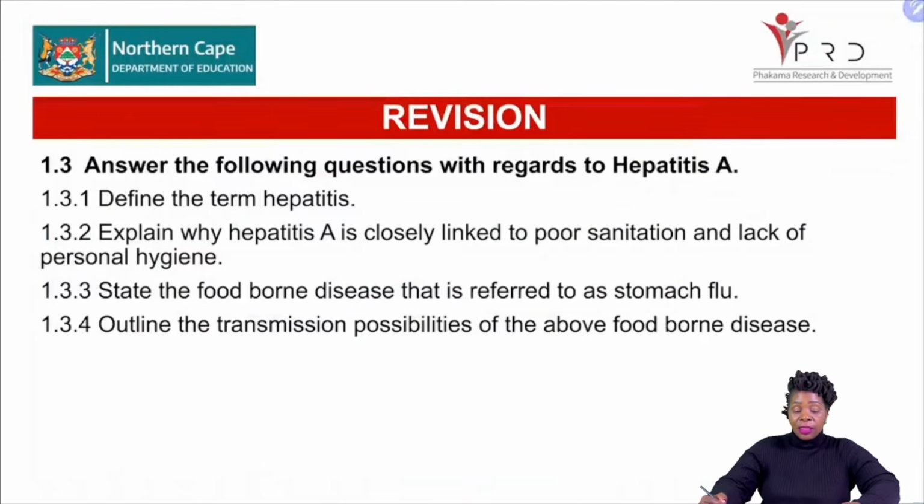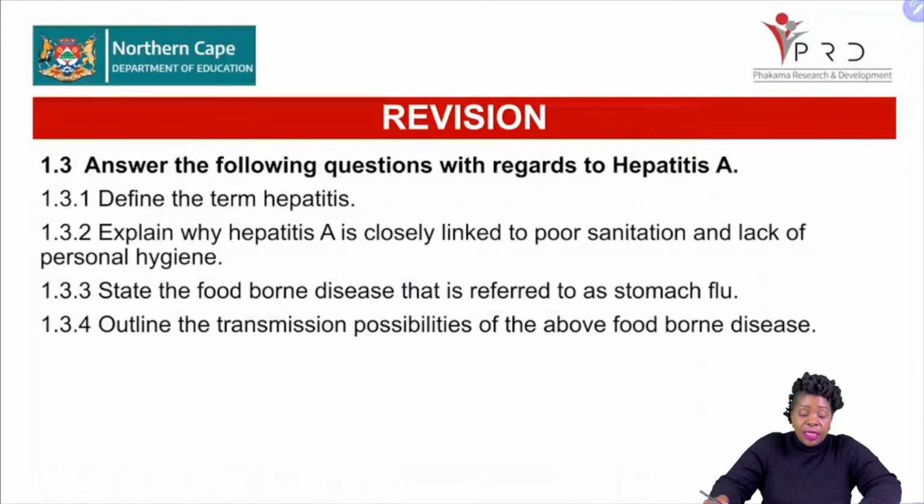1.3 says, answer the following questions with regards to hepatitis A. 3.1 says, define the term hepatitis. And 3.2 says, explain why hepatitis A is closely linked to poor sanitation and lack of personal hygiene. And point 3 says, state the foodborne disease that is referred to as stomach flu.